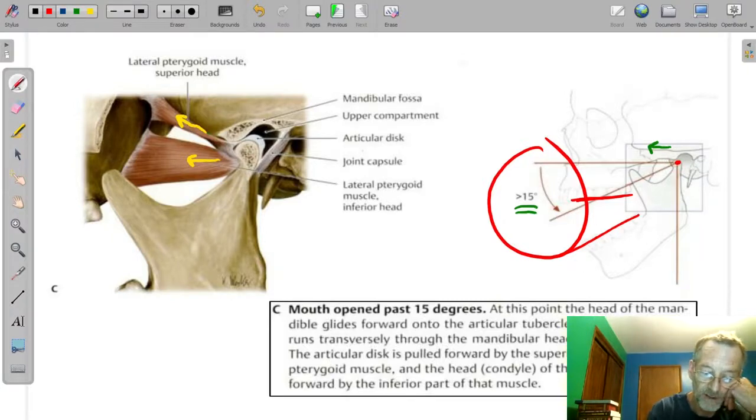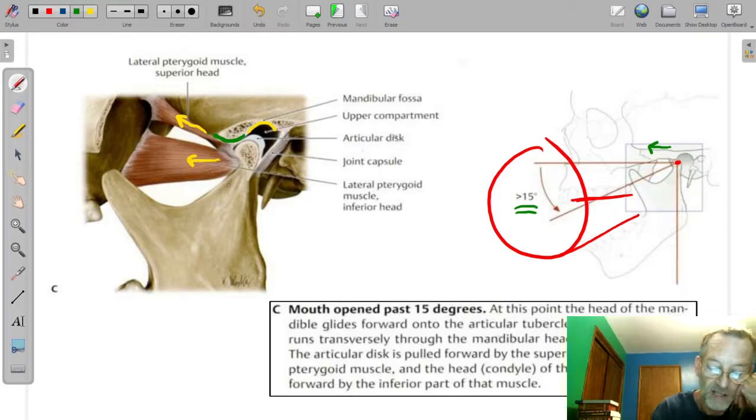So looking at the figure on the left, the condyle has slid out of the mandibular fossa, and now it's up on this articular tubercle, or this articular eminence. This is on the zygomatic arch.